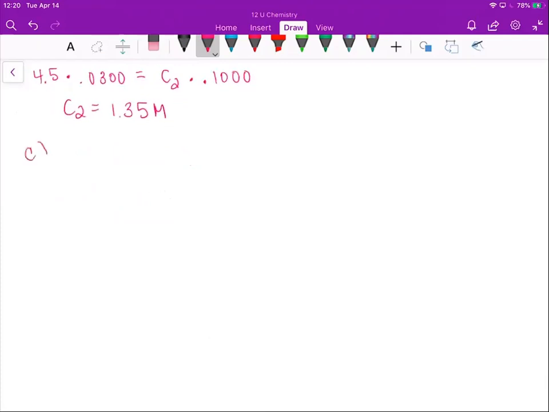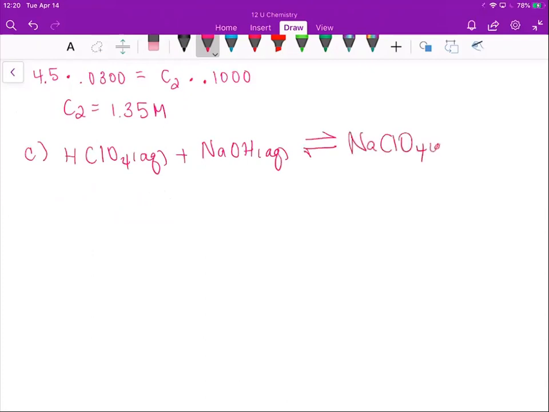Okay, letter C, this is where you're going to have to look at, okay, so here's the perchloric acid plus sodium hydroxide. This is a neutralization, okay? So yeah, you're going to have sodium perchlorate and water being formed, but it's a 1-to-1 ratio. Okay, so my students last year, you probably didn't see me do this table method.